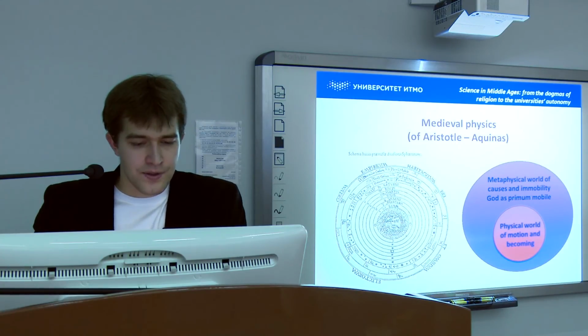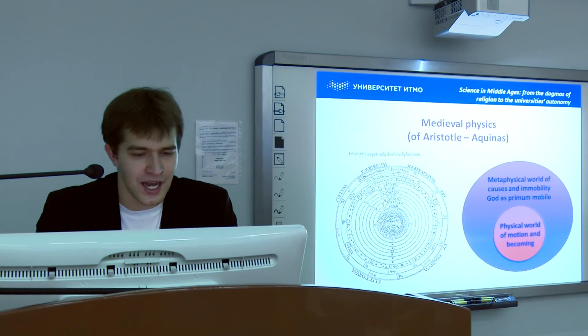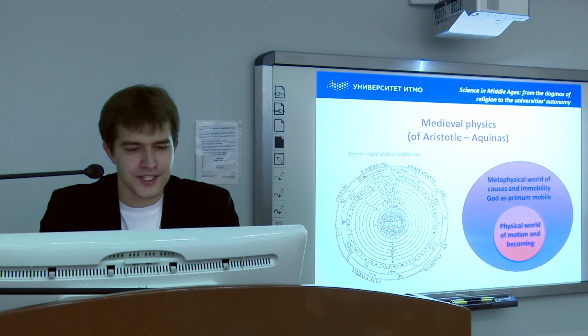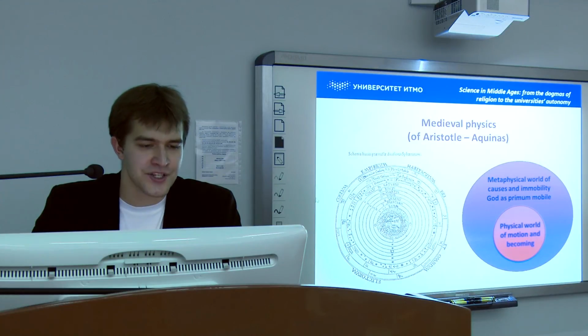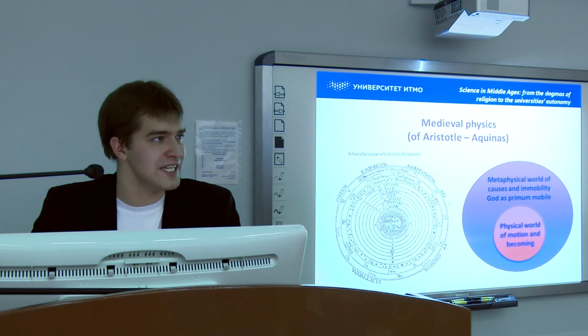So the nearest heaven is the heaven of the moon, then Mercury, right, Venus, then only the Sun, then Mars, right, Jupiter, Saturn, and here we can see Coelum Imperium Habitaculum Dei. So this is the heaven where God lives.